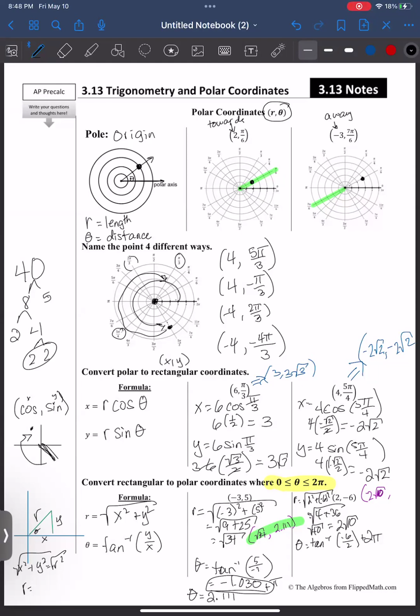Negative 6 divided by 2, which is actually going to give me a negative 71.565, which is not going to work for me. I don't even know if that's really what it should be. Let me make sure that this is going to work. Something clearly went wrong with this calculation. That is a way too big of a number.